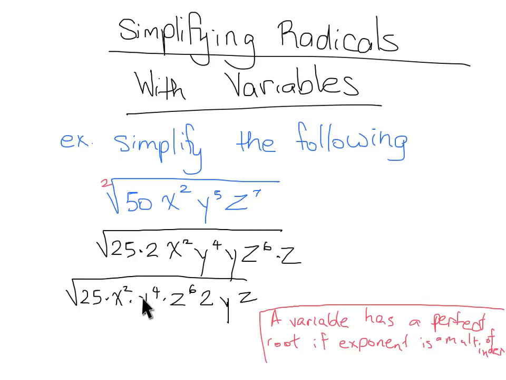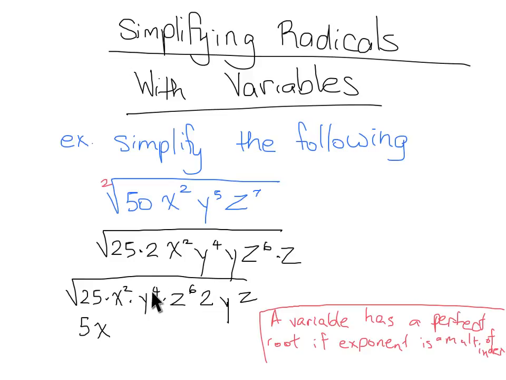The square root of 25 is 5. The square root of x squared is x. We're just halving, because that index is 2. In order to figure out the square root, we divide by that index. The square root of x squared is x, and that makes sense because x times x is x squared. The square root of y to the 4th, we're halving that exponent.